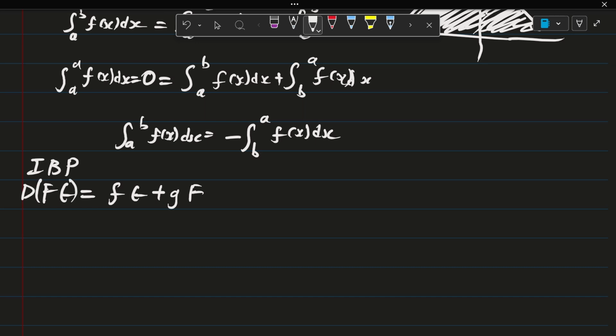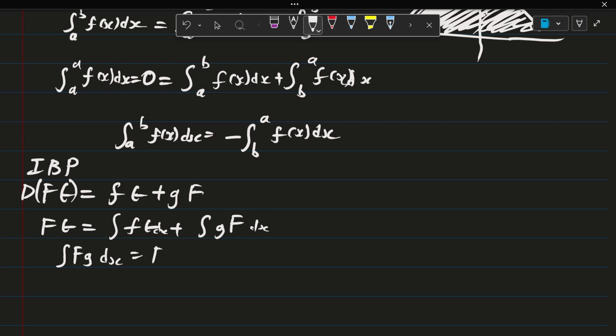So what we can get from here is that if we take the integral of everything, Fg is equal to the integral of fg plus the integral of Fg'. So let's write it this way: the integral of big F g dx equals the Fg minus the integral of fG dx.